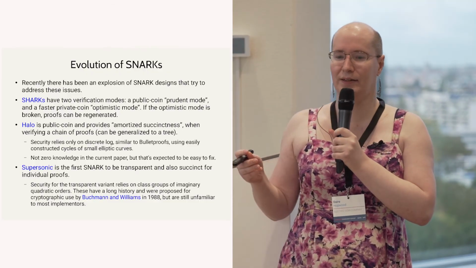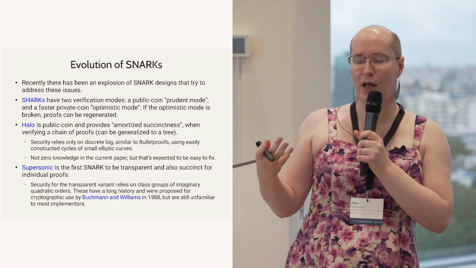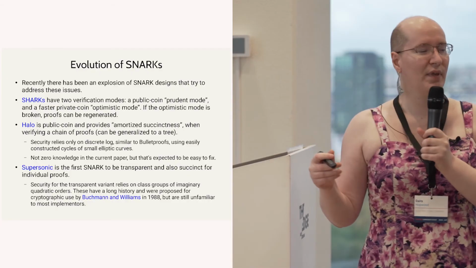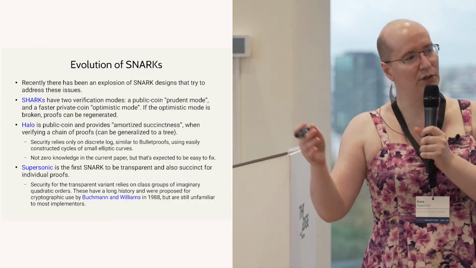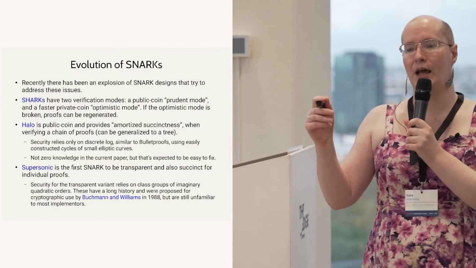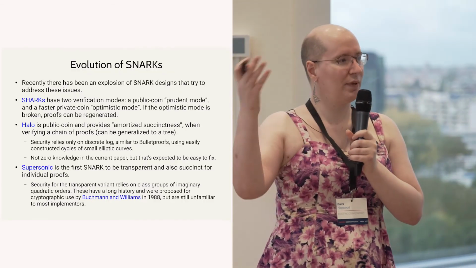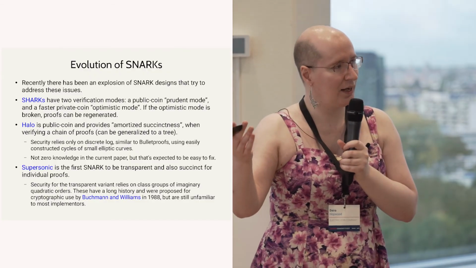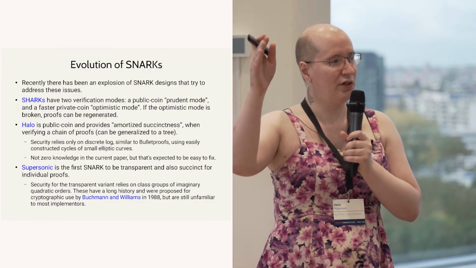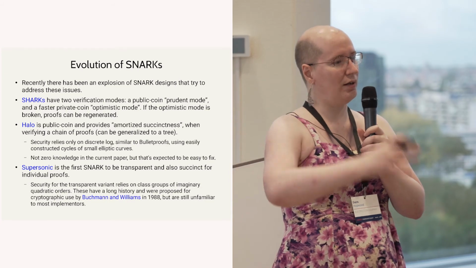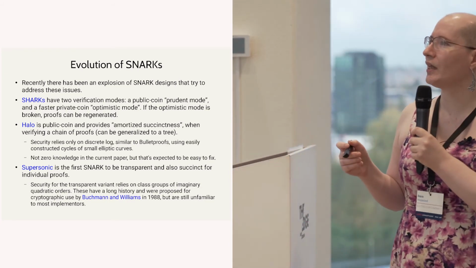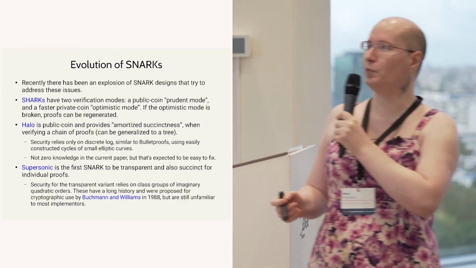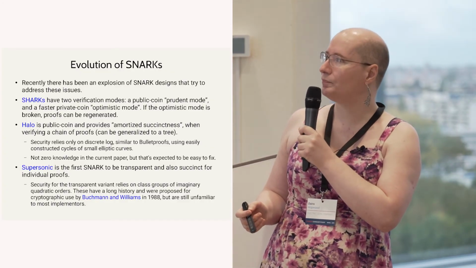So that's basically the idea that you take a proof system that has linear verification time, but you can chain proofs or put proofs in a tree, and then your top-level proof still only requires linear verification time. You don't have to verify all of the constituent proofs. And again, this relies on relatively weak assumptions.